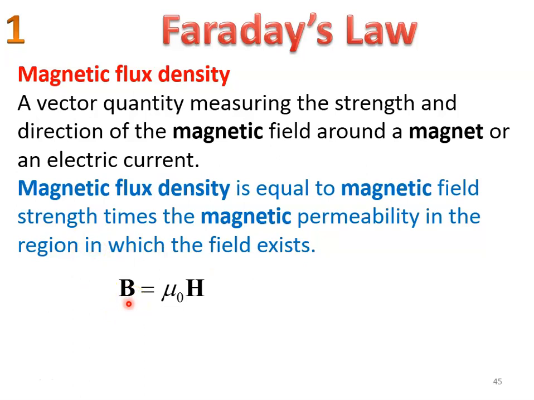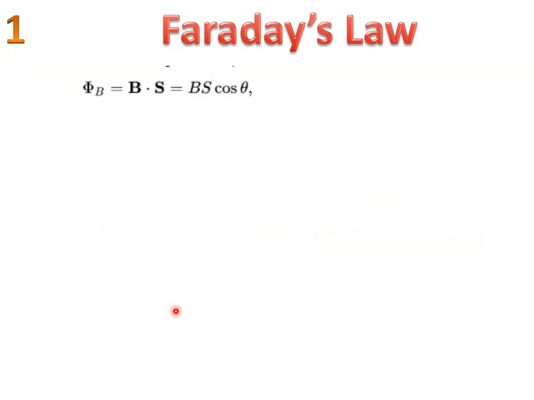The bold letter indicates the vector notation, and H bar is the magnetic field intensity, and mu0 is called permeability for free space. Now phi is flux, and this flux is equal to B bar dot ds bar.